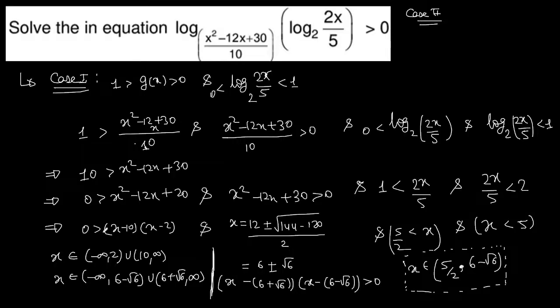We'll get x belongs to, oh, this is less than, this is 2 to 10. If it is less than, it is 2 to 10. Mm, it will be 2 to 6.